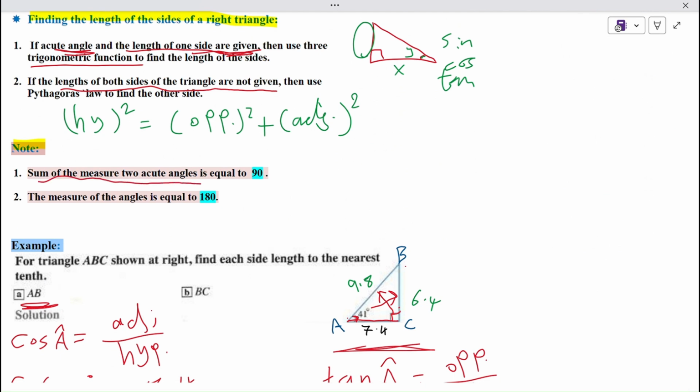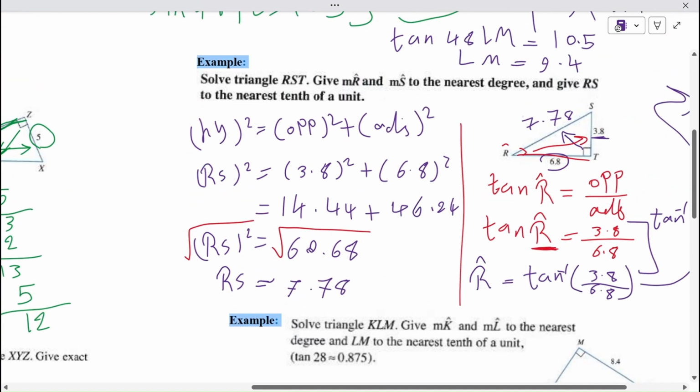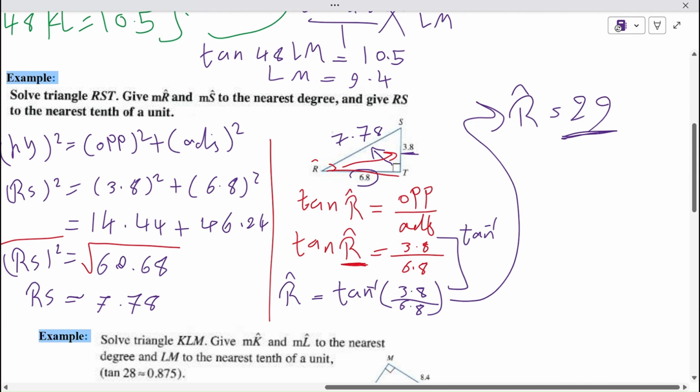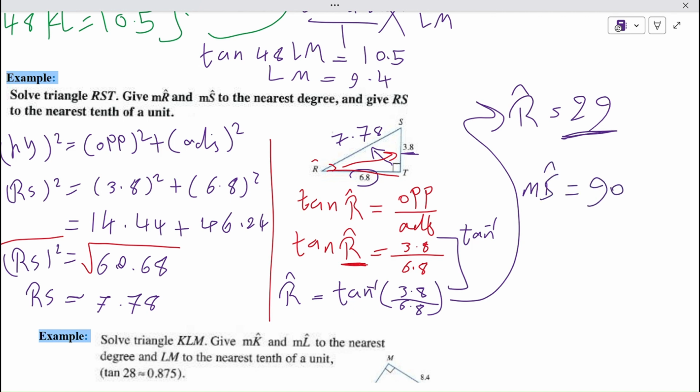So we will use this 90 to find the other angle. The degree of S is equal to 90 minus the other degree that we found, 29. So 90 minus 29 is equal to 61. So the degree of S is 61.